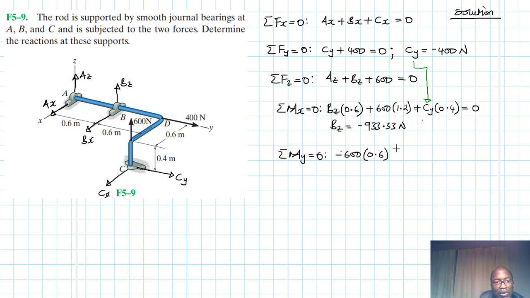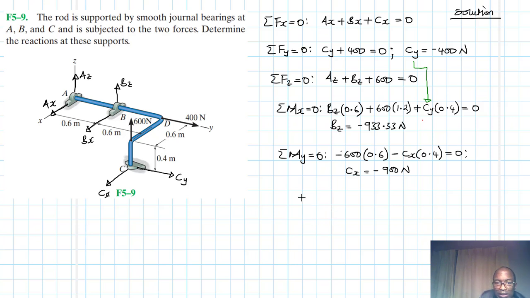CX will also cause a minus moment by the lever arm, which is 0.4. That is about it, equal to 0. Therefore, our CX is going to be equal to minus 600 times 0.6 divided by 0.4, so minus 900 newtons.